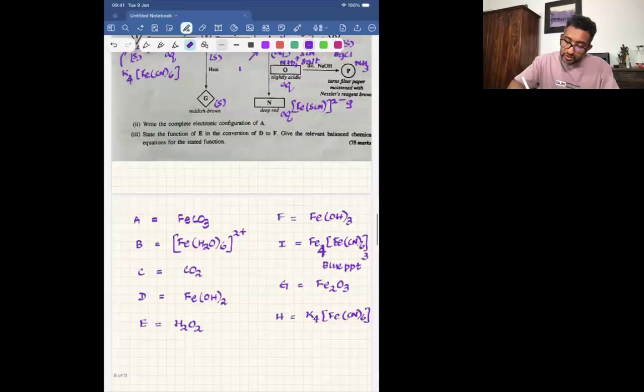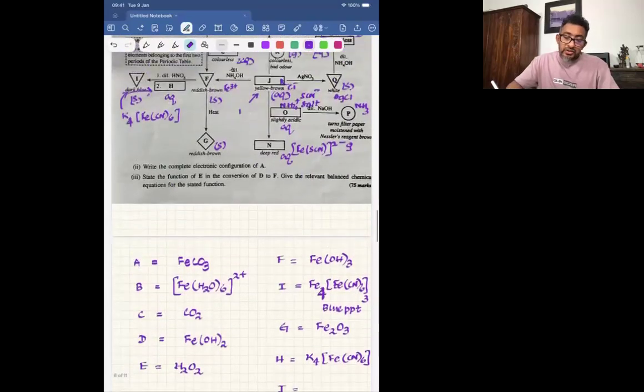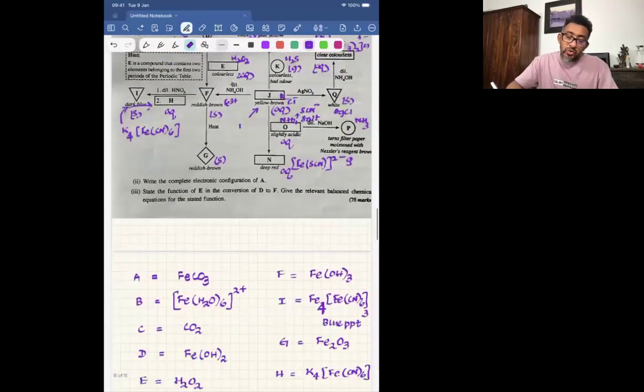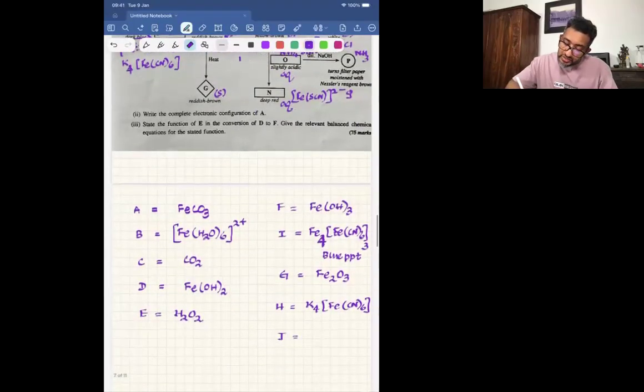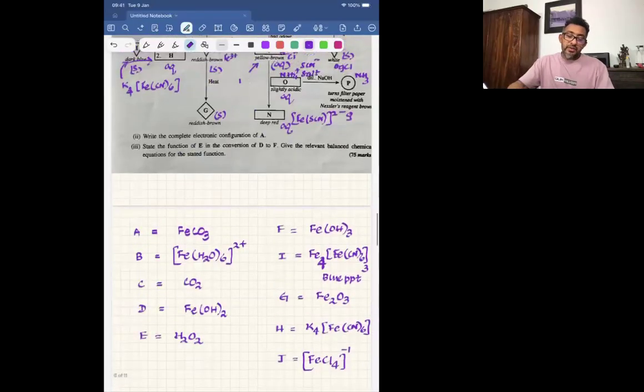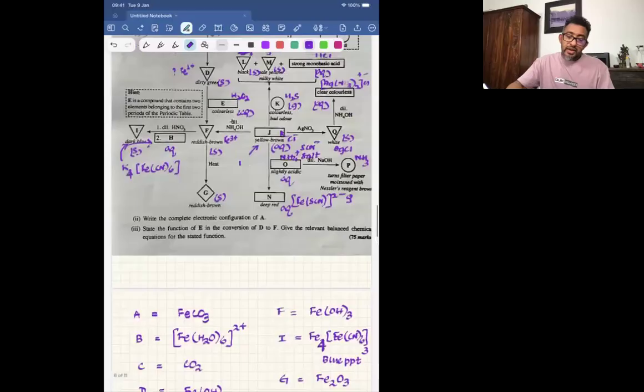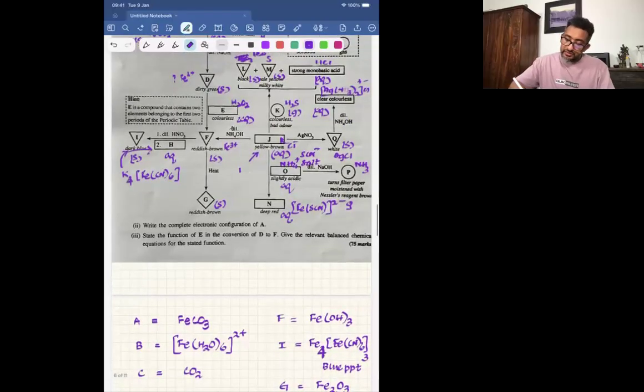J is yellowish-brown. There's a chloride. So chloride, yellow-brown color, ammonium hydroxide precipitate. That means its oxidation number is 3. FeCl4, oxidation number is -1. J. K, hydrogen sulfide.